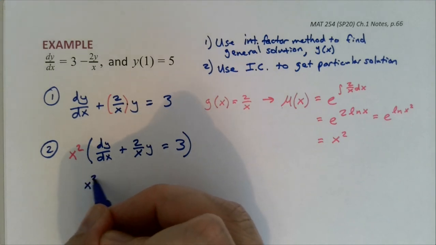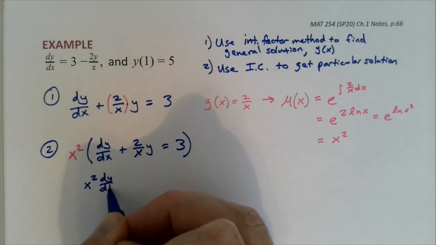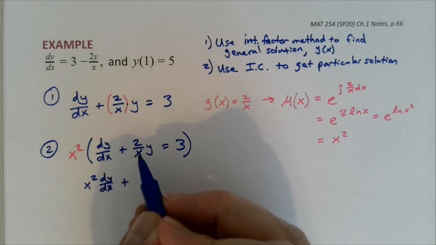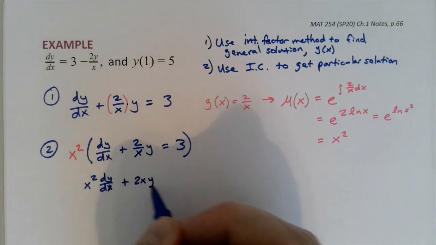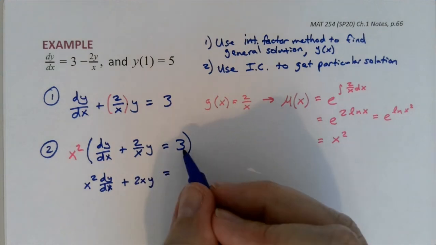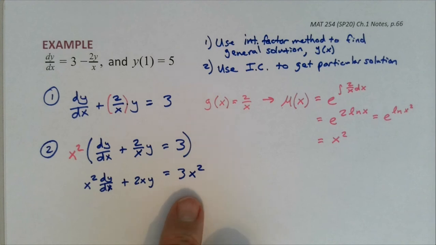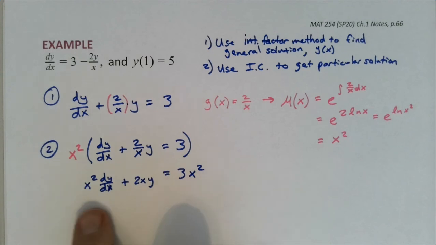We wind up with x squared times dy dx, plus, this becomes 2x times y, and then 3x squared. Probably the number one place where people screw up the integrating factor method is they forget to multiply both sides of the equation. Instead, they'll just multiply this side and leave the other side alone. I see that a lot.